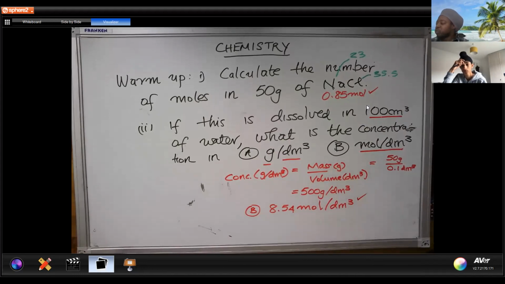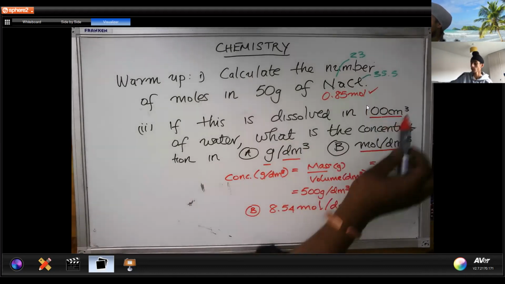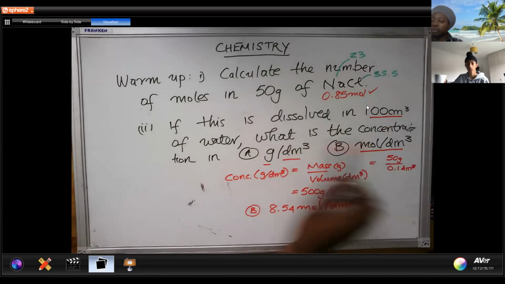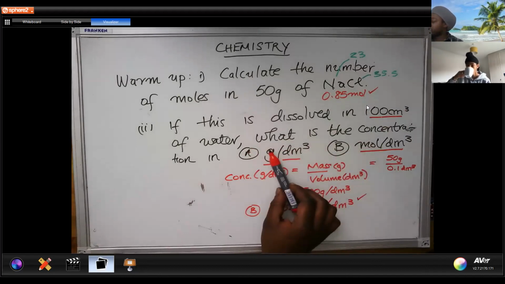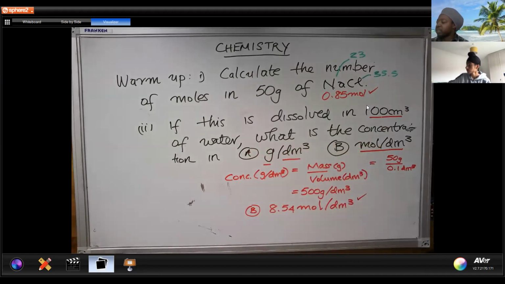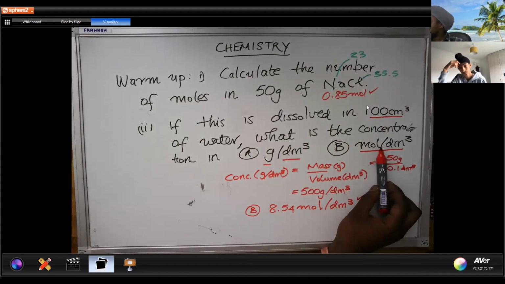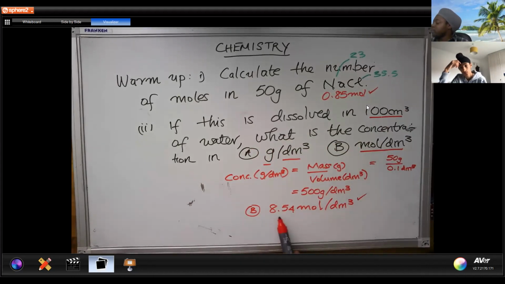Okay, good start. So it's good to just recap on that little formula and remind ourselves of the changes when we've got something in centimeter cubed, and how to convert between grams per decimeter cubed and moles per decimeter cubed. You will also have to be happy going the other way: imagine you were given this solution with the concentration in moles per decimeter cubed.